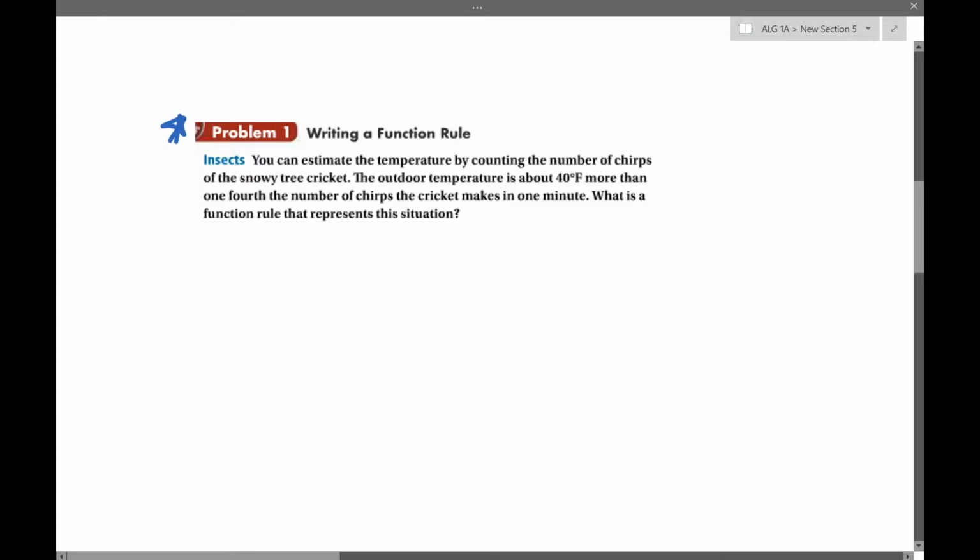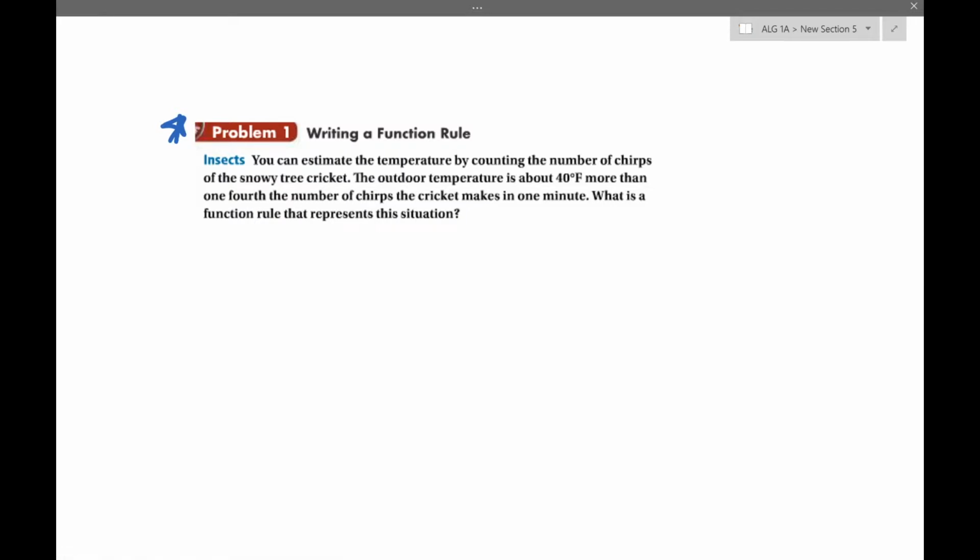It says that insects, you can estimate the temperature by counting the number of chirps of the snowy tree cricket. The outdoor temperature is about 40 degrees Fahrenheit more than 1/4 the number of chirps the cricket makes in 1 minute. What is a function rule that represents this situation?